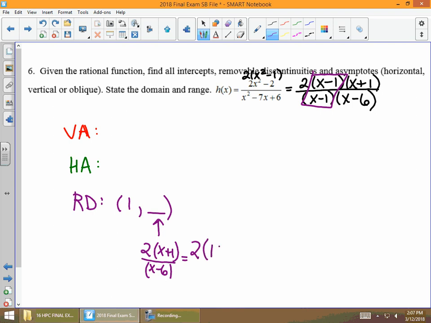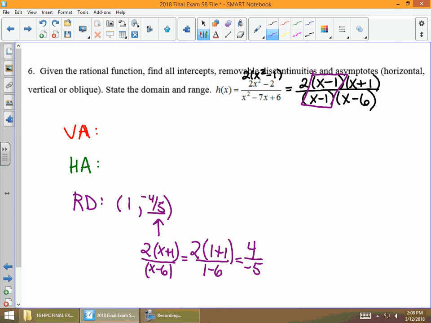I'm going to put 1 into it. In my numerator, 1 plus 1 is 2, so 2 times 2 is 4. And in the denominator, that is a negative 5. So my y value when x equals 1 is negative 4/5. We got some extra practice with that in our limits unit, so that should be pretty fresh in your mind, how to find the y value of our removable discontinuity.